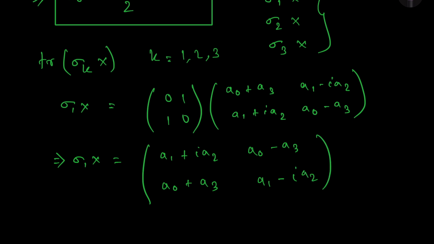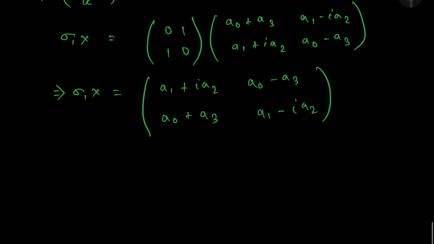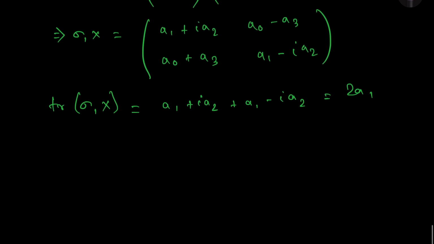Yeah, so if we take the trace of sigma 1 X, we'll have a1 plus ia2 plus a1 minus ia2, which will just give us 2a1. So we can see that a1 is equal to half of the trace of sigma 1 X.